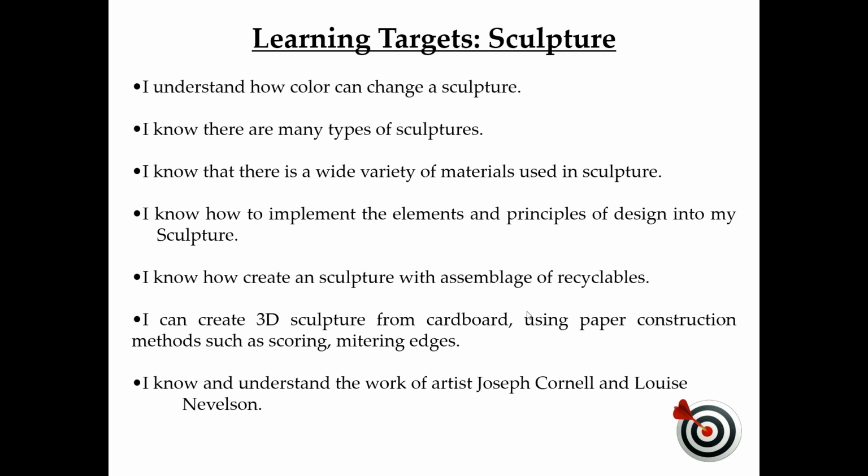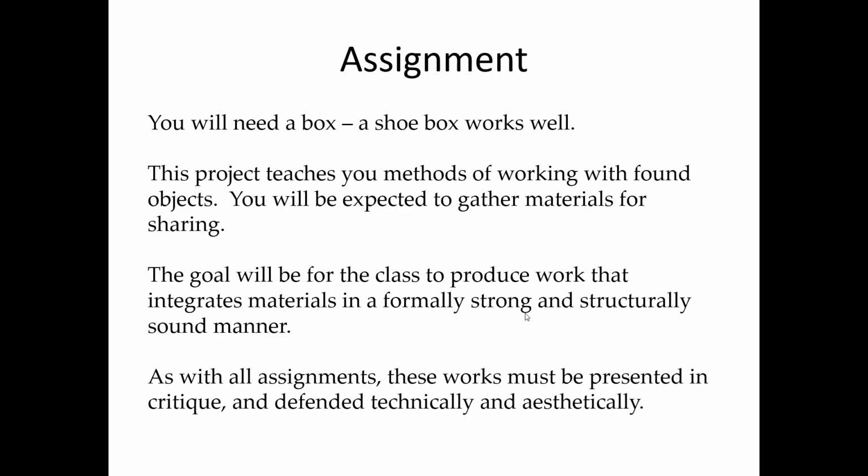You know how to implement the elements and principles of design into your sculpture. You know how to create sculpture with assemblage of recyclables. You can create a 3D sculpture from cardboard using paper construction methods such as scoring, mitering edges. And you understand the artwork of the artists Joseph Cornell and Louise Nevelson.